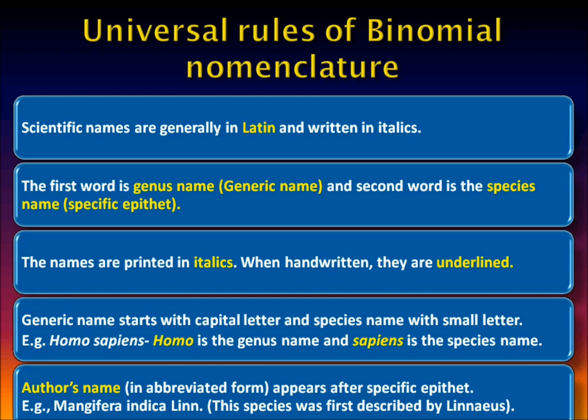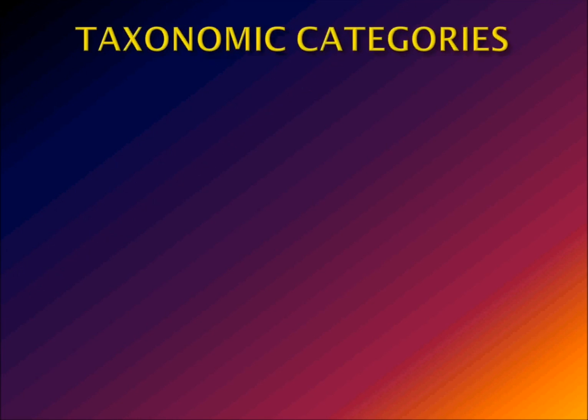Now let us proceed with the next subtopic, that is the taxonomic categories. Let us understand what taxonomic categories are. Taxonomic categories are different ranks that are placed in ascending or descending order.